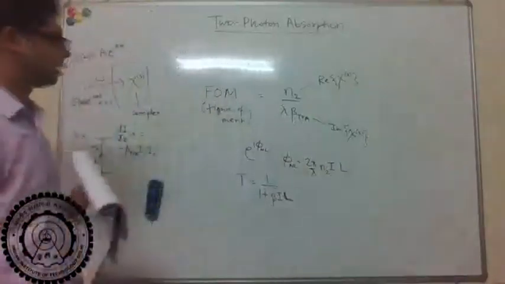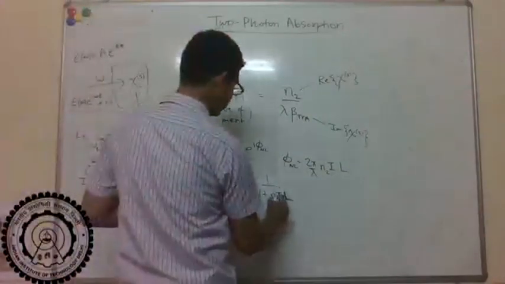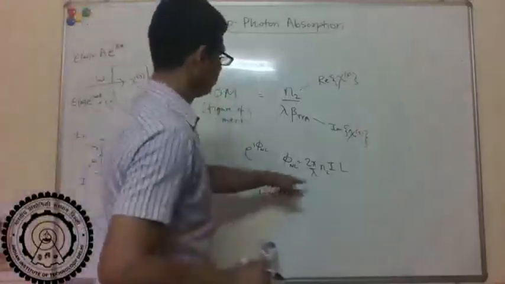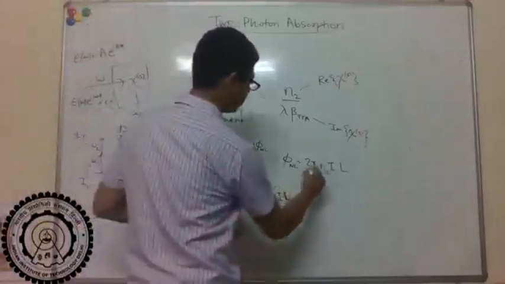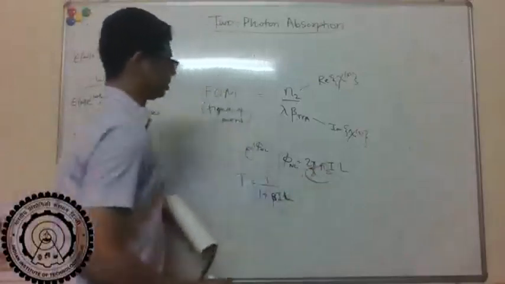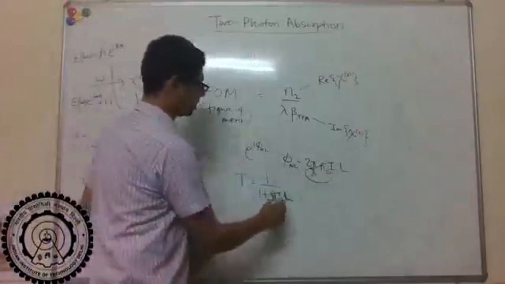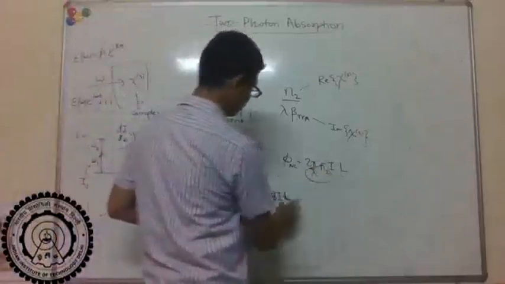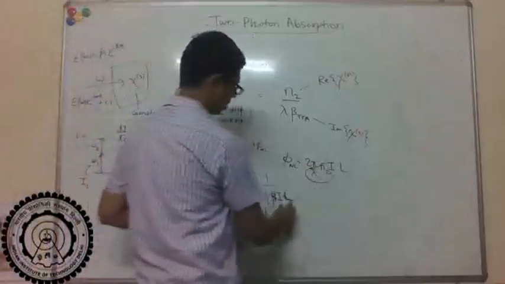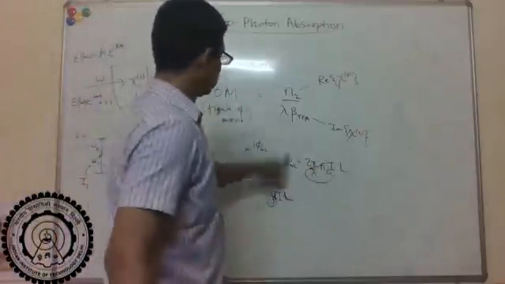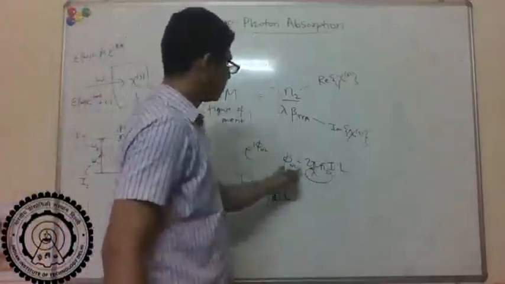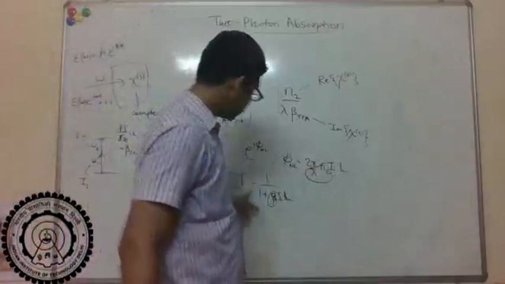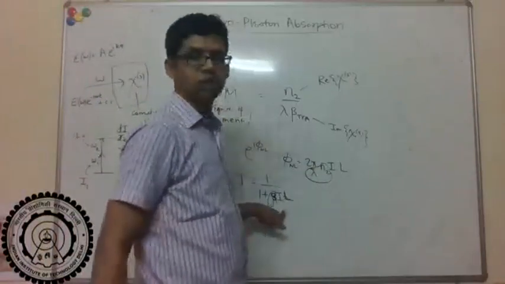So you can see that the N2 by lambda comes from here, and beta comes here, and in both of these terms you have I times L. So this ratio is giving you how much nonlinear phase shift you can get before your transmission goes down to some value.